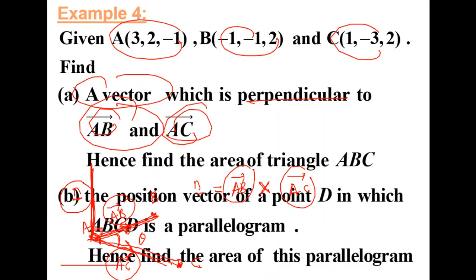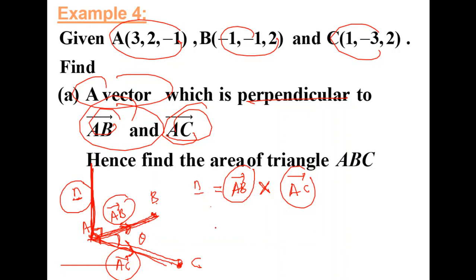Next step, there is still a question here. Find the position vector of a point D in which ABCD is a parallelogram. Hence, find the area of this parallelogram. D is here.